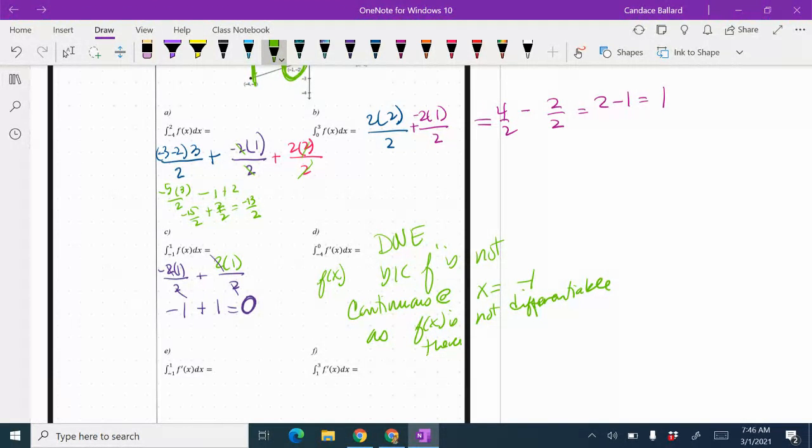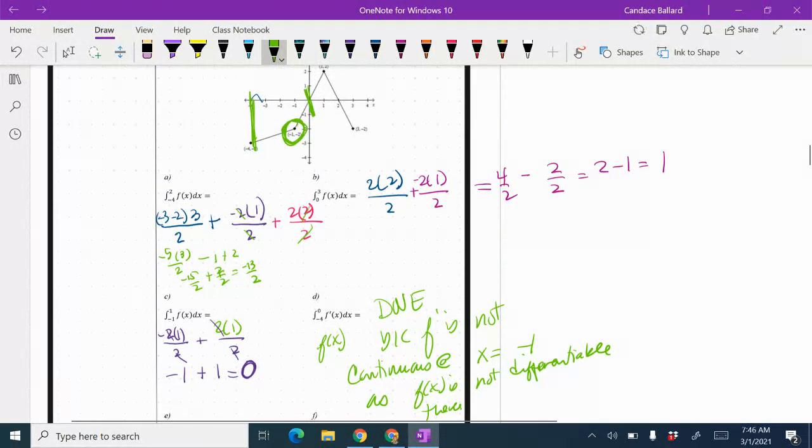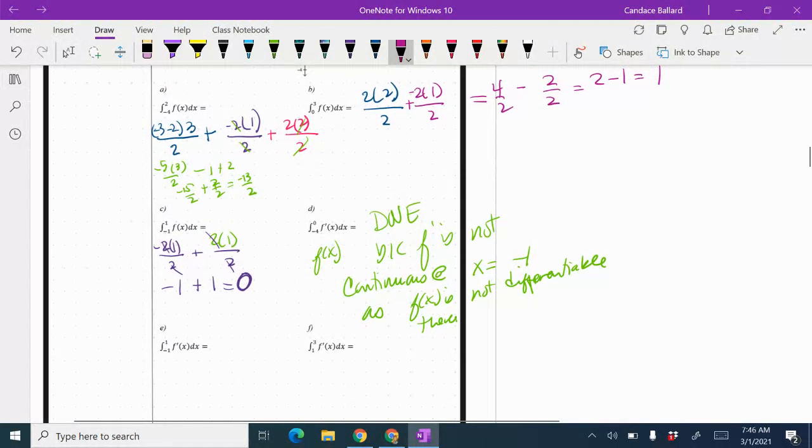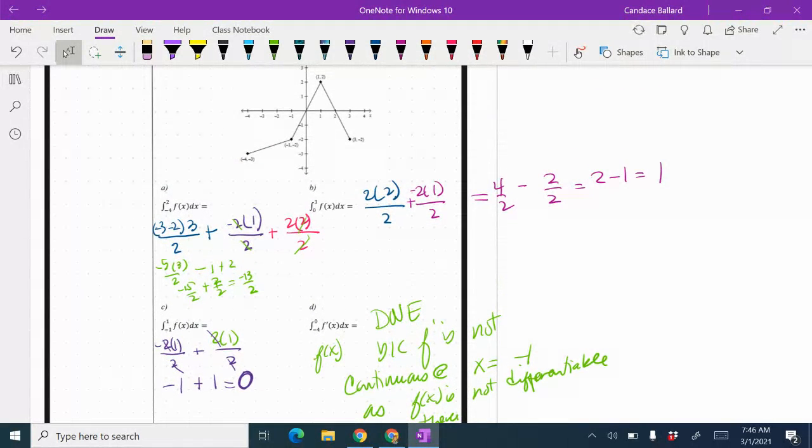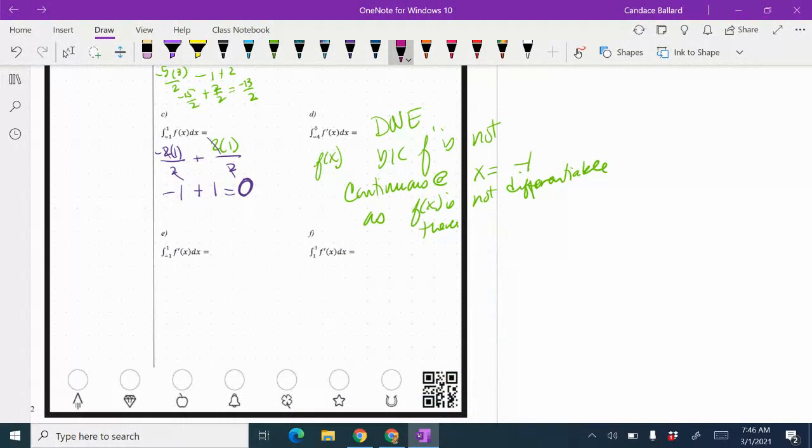Okay, let's take a look at -1 to 1. Let me show you the difference in the next one here. So now the next one is saying, hey, you get to go from -1 to 1. So it's kind of the same setup, -1 to 1. Do you see how there's no corner in the middle of the interval? That's why we're allowed to use that one. So we know when we integrate, it's a little bit different than finding the area of the shape.